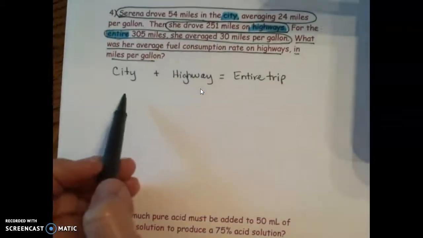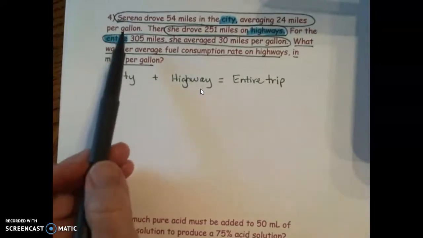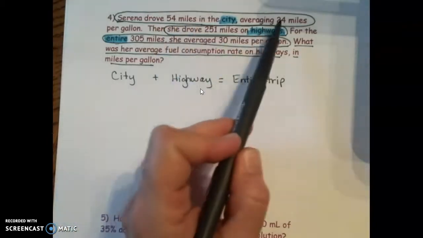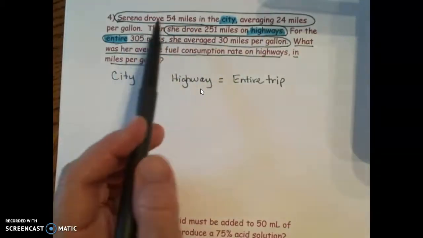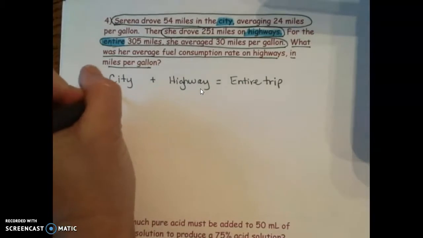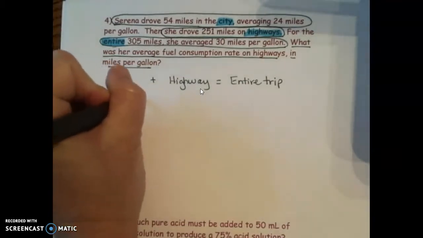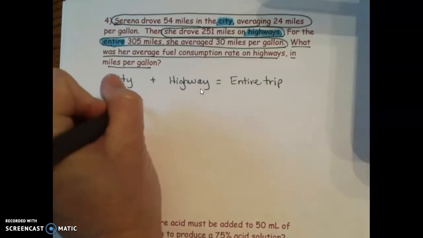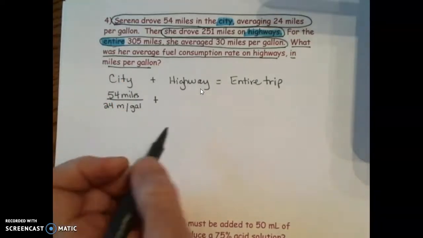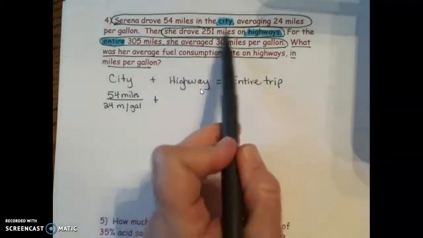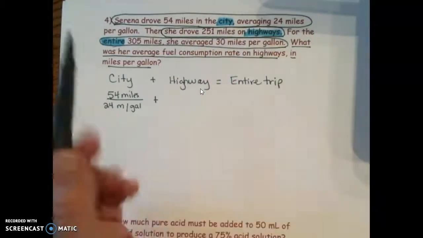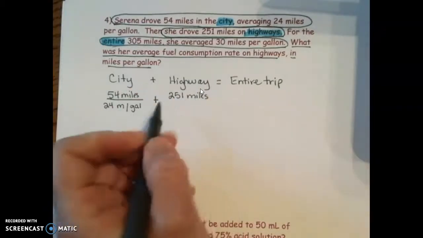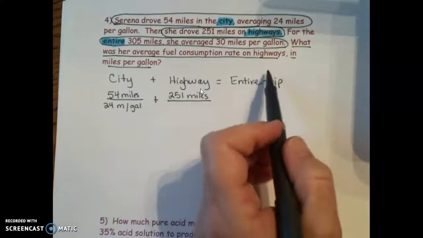So now let's pull what we know based off of what the word problem told us. In the city, she drove 54 miles, averaging 24 miles per gallon. Then she drove 251 miles on the highway, but it did not tell us what she averaged on the highway, because that's what we're looking for.